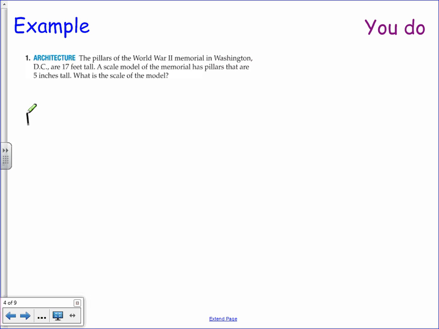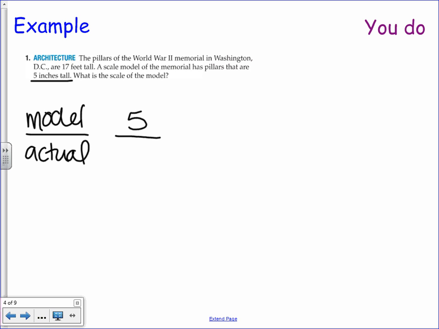So we want to set up model over actual. Our model is 5 inches tall, right? So 5 inches. What is the actual? The actual is 17 feet tall.